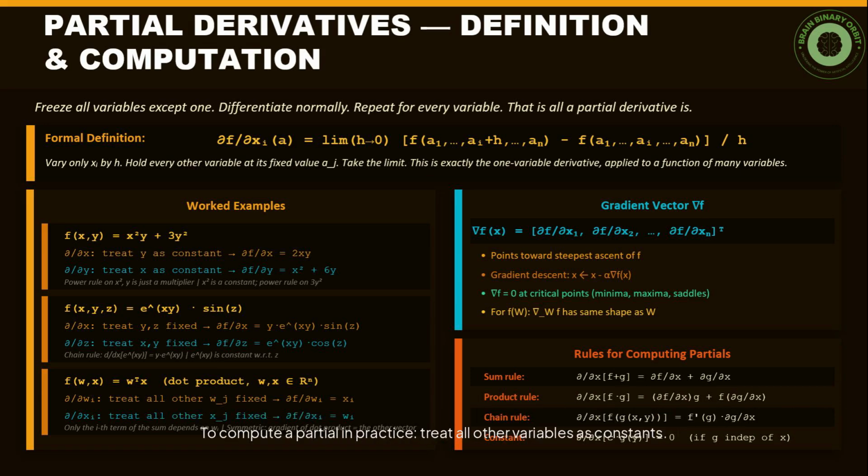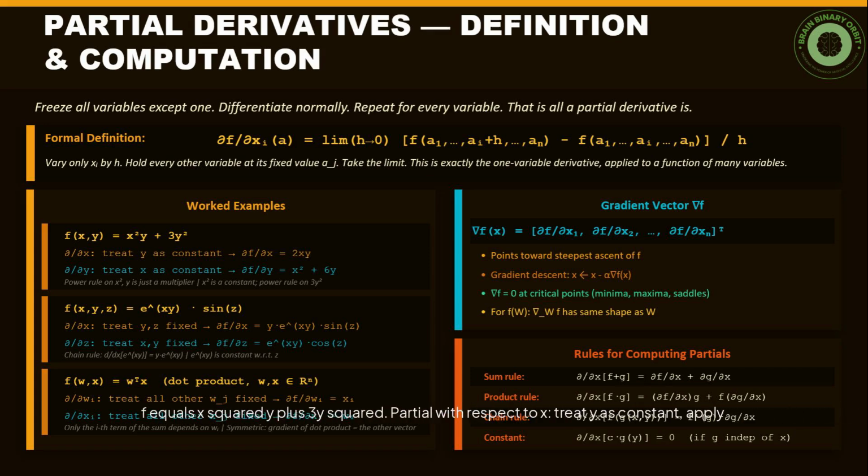To compute a partial in practice, treat all other variables as constants. Differentiate normally using the power, product, or chain rule on x_i alone. Repeat for every variable you need. 3 examples. f equals x squared y plus 3y squared.